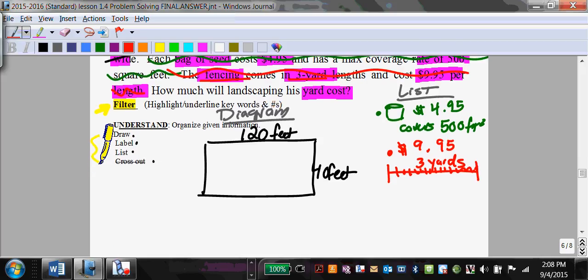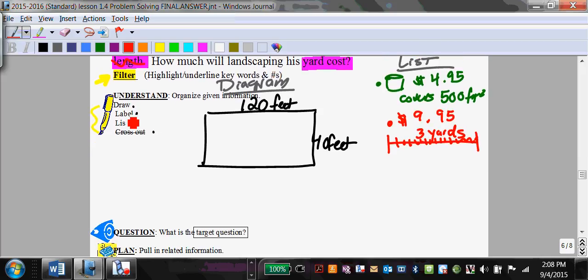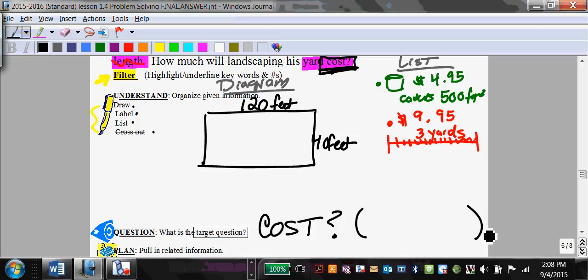Okay. Our target question is what word out loud? What are we trying to find? Cost. Okay, so cost. Now, where there is cost, that means you're buying something, right? Wherever there's a cost, it means you're buying.